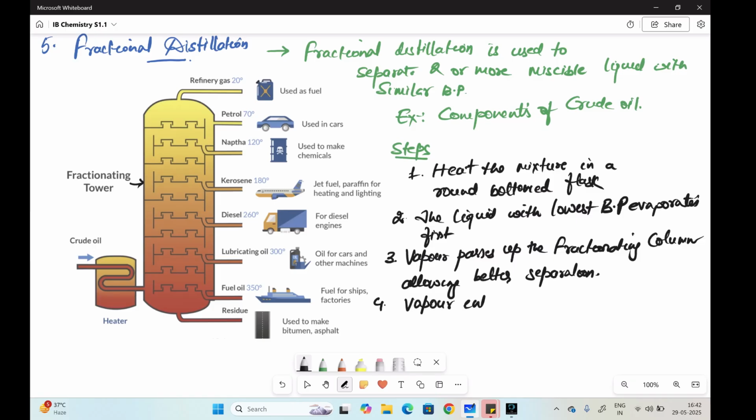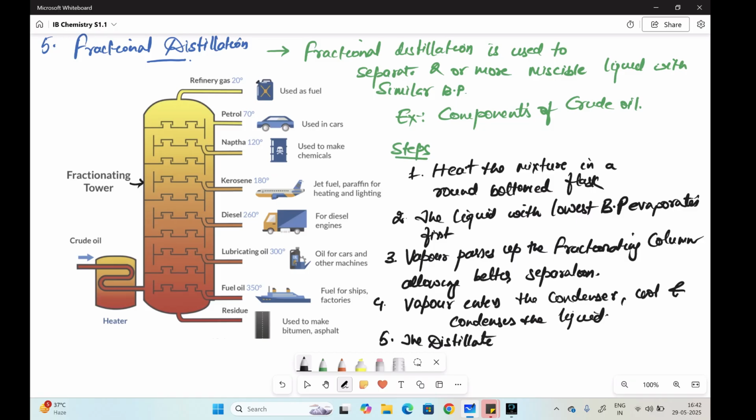So vapor enters the condenser. Of course, here also we have a separate condenser to cool and condense the liquid. The distillate is collected in a beaker. Later on you can separate it.